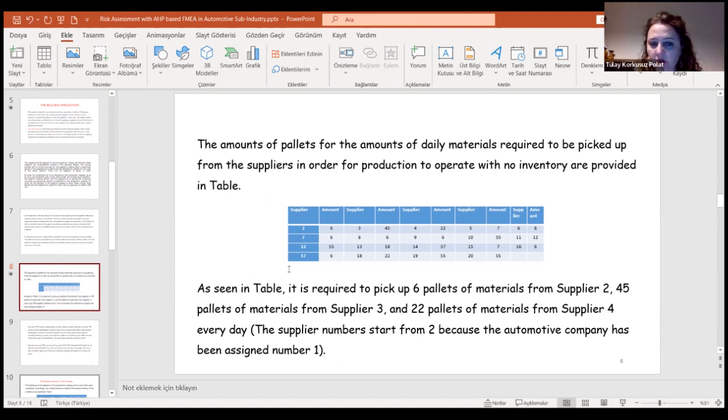As seen in the table, it is required to pick up 6 pallets of materials from supplier 2, 45 pallets of materials from supplier 3 and 22 pallets of materials from supplier 4 every day.